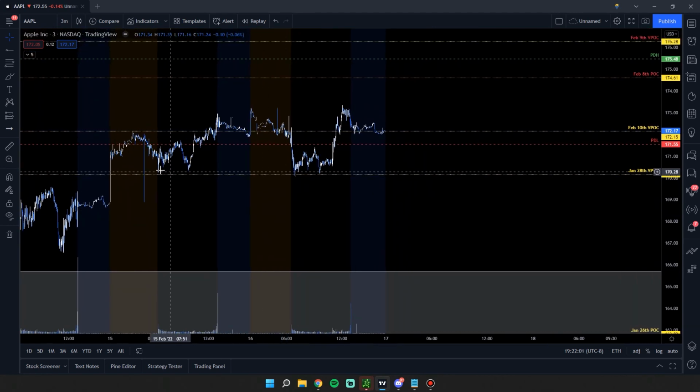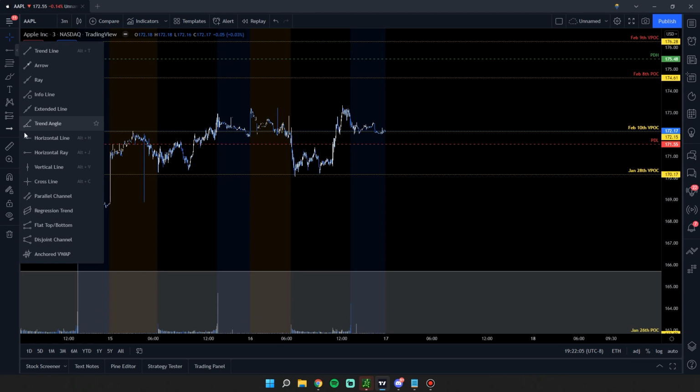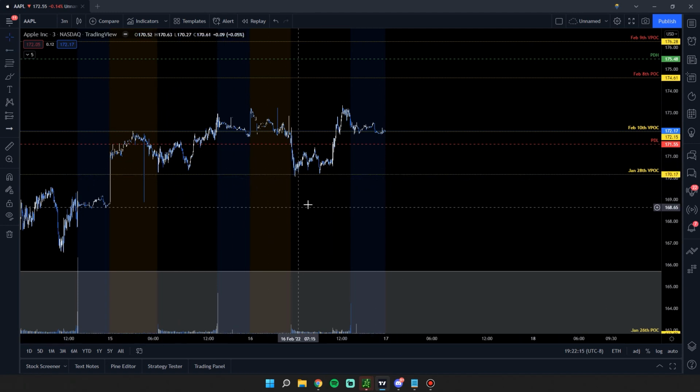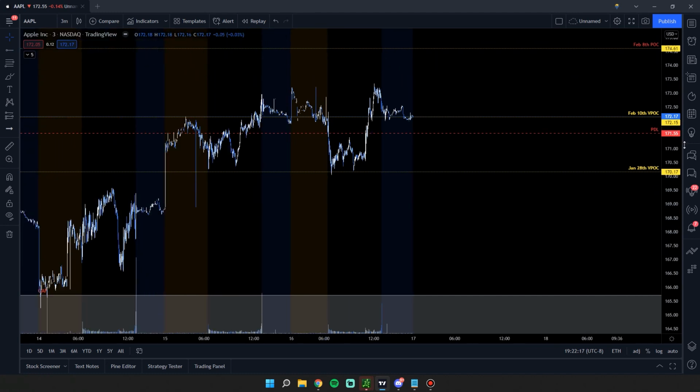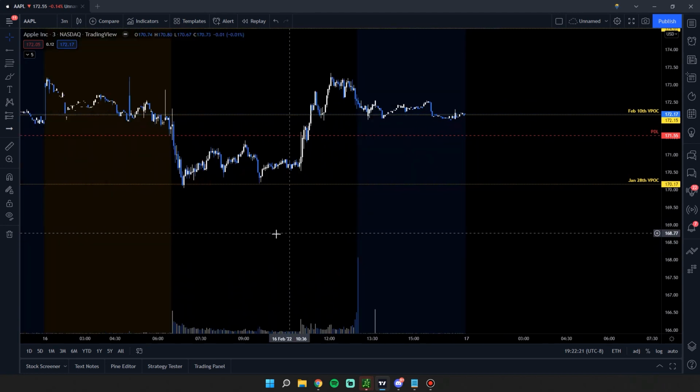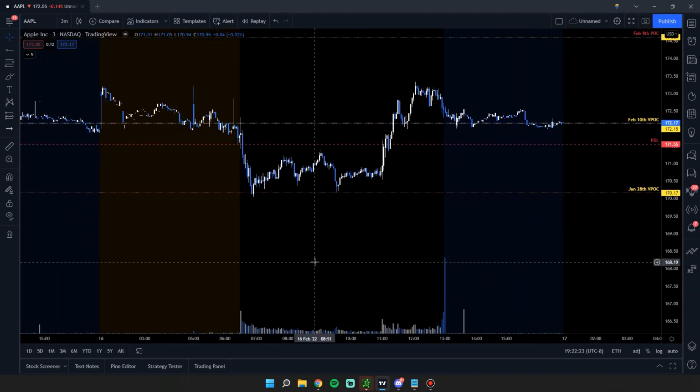And I would probably have a line here. I haven't traded Apple in a while, but I would put a line here. Actually, no, because this January 28th VPOC is covering it for me. So if I was trading Apple, let's just say, for example, I'm getting ahead of myself, but that's okay. We will cover this a little bit more.